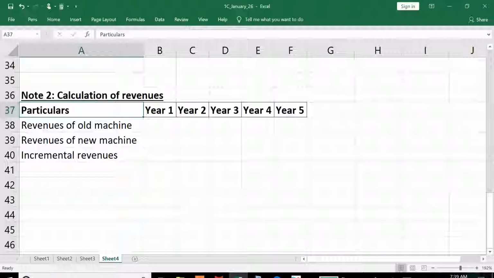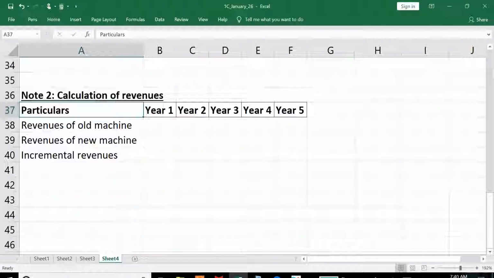Particulars in 5 years: revenues of old machine, revenues of new machine, and incremental revenues. Old, new, incremental.